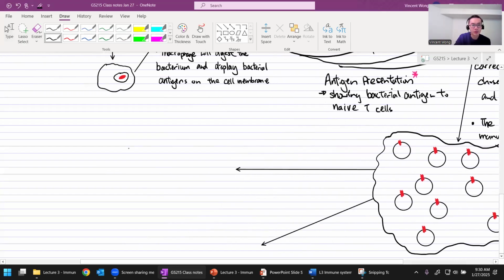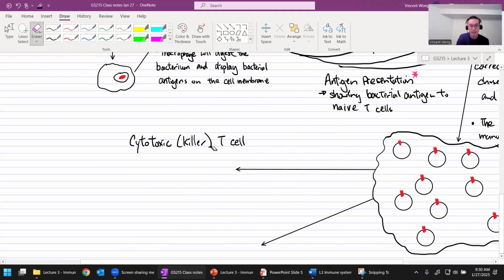So what can it transform into? It can transform into cytotoxic, also known as killer T cell, not to be confused with natural killer. Natural killer cells are part of innate immunity.